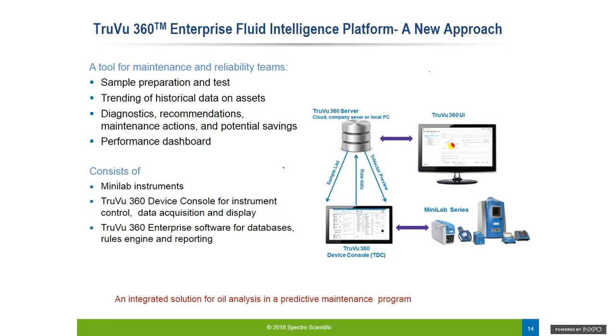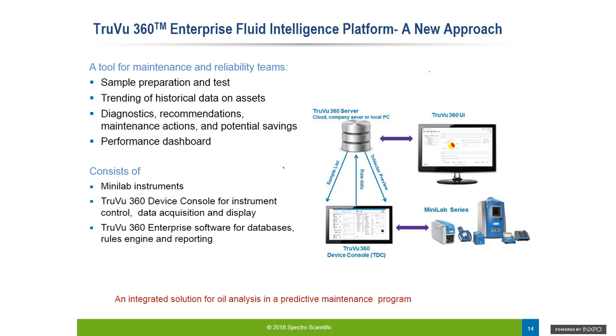With a rules engine that provides automated diagnostics, recommendations, and recommended maintenance actions, along with its performance dashboard, it also provides an opportunity of actually capturing potential savings, both in oil consumption as well as maintenance cost itself.